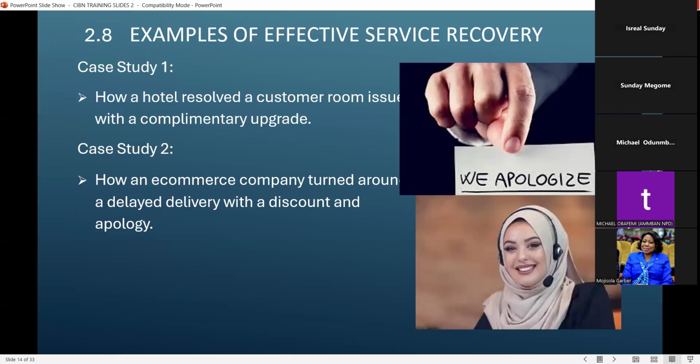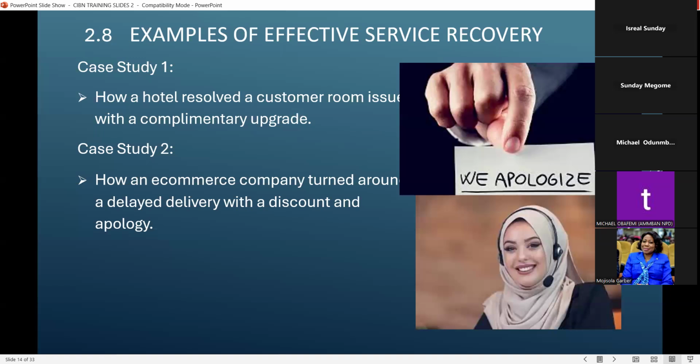You just see the customer smile, because there's nobody that won't like a good thing. A higher grade means a better bed space, maybe a better AC, and some other accessories that come with it. So in a way, they were able to recover a customer that had a genuine complaint.